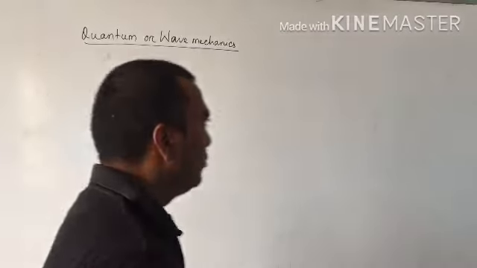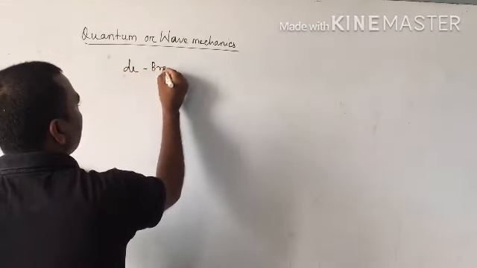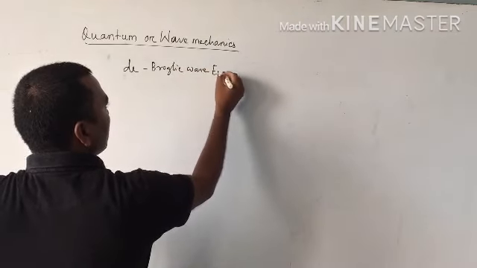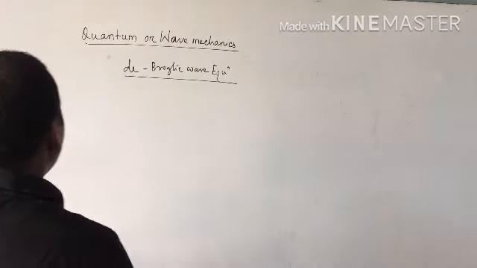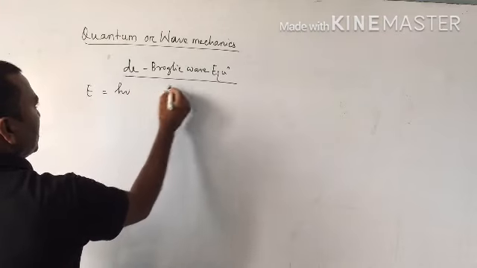De Broglie wave equation. Now see, according to Planck's quantum theory, E equals h nu.